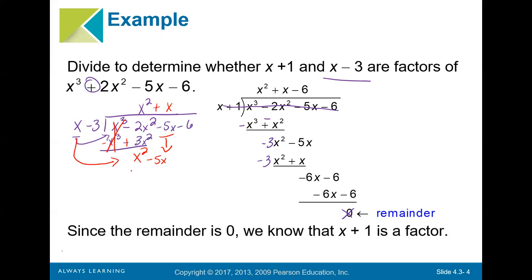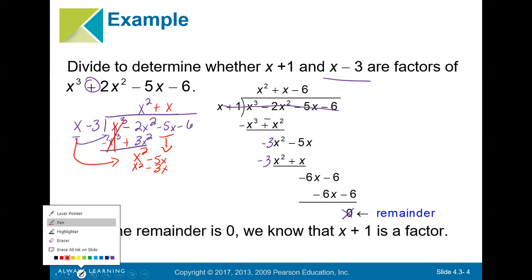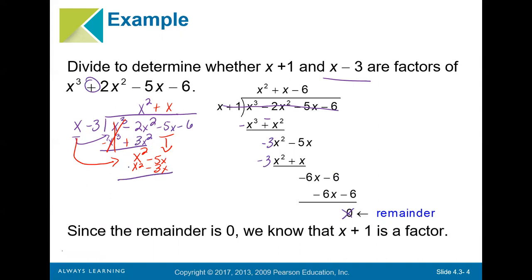Positive x times x is x squared. Positive x times -3 is -3x. Let's find the difference. So we're going to subtract, change the sign. This goes to 0. -5x plus 3x is -2x. Let's bring down the -6.